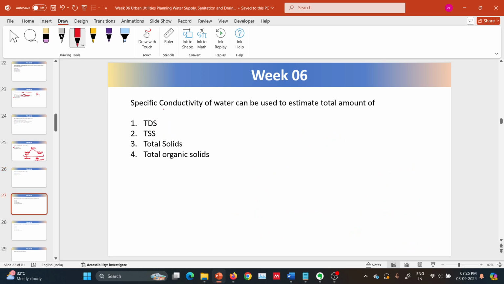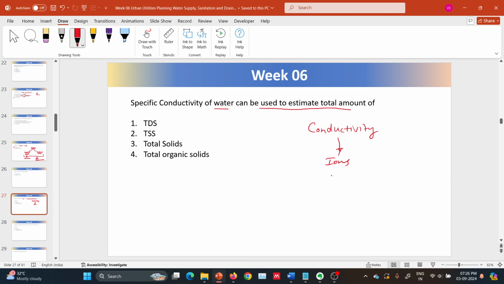The specific conductivity of water can be used to estimate the total amount of... So first we need to understand how water conducts electricity. This is electrical conductivity. The conductivity in water is due to the ions.